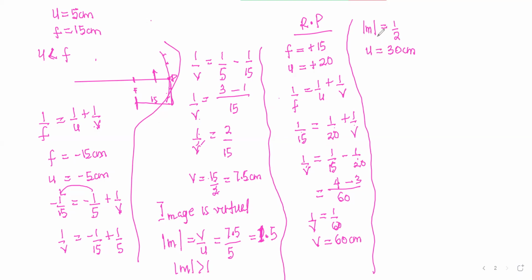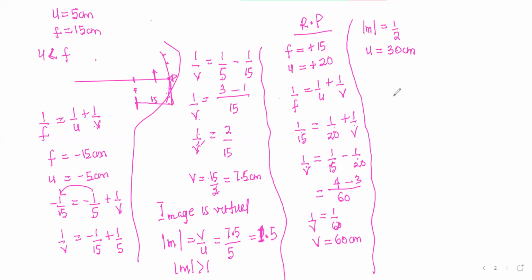As for magnification being less than 1, it can be for concave, it can also be for convex, because a convex mirror also forms a diminished image all the time.